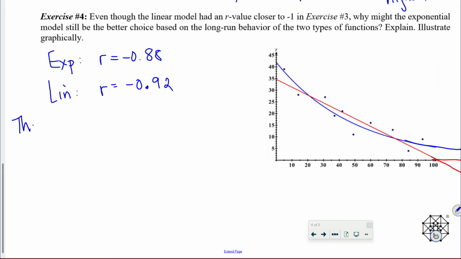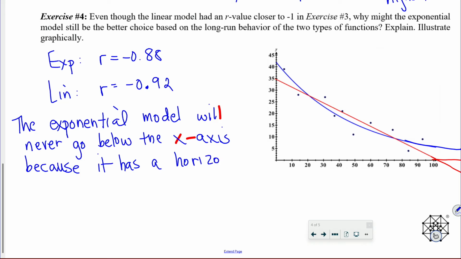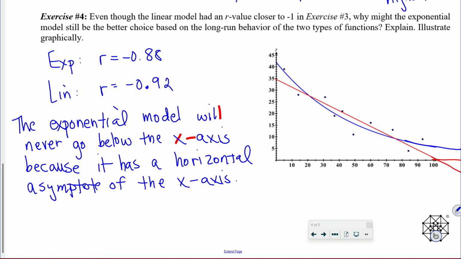So the exponential model will never go below the x-axis because it has a horizontal asymptote of the x-axis.